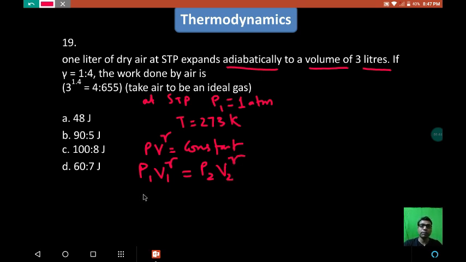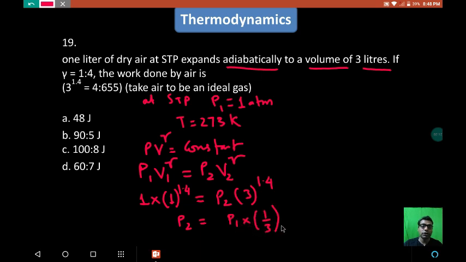We just simply put in the values as per the question. The P1 is 1 atmosphere, initially 1 liter, gamma is 1.4, P2 we have to find, and V2 is 3 raised to power 1.4.